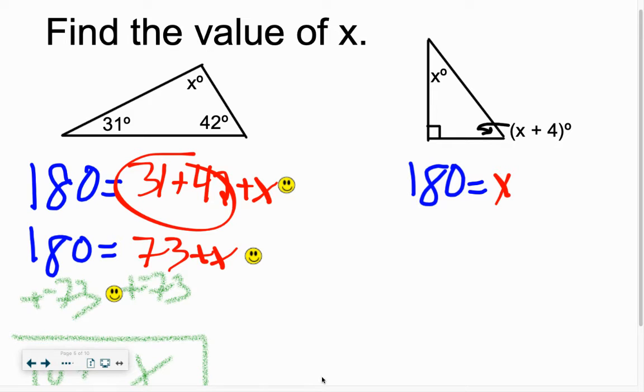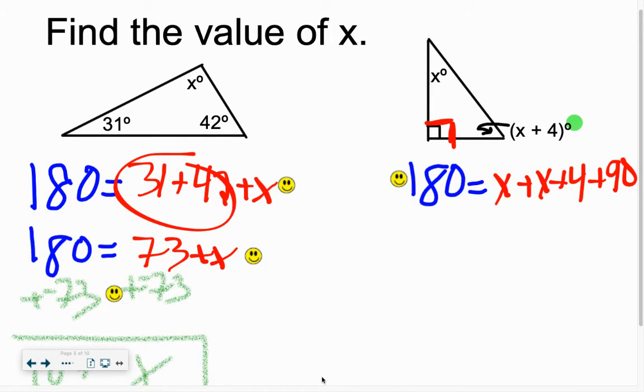Notice we've got an x plus 4, which has parentheses, but the only reason it has parentheses is so that we know it gets the label degrees. And now that is only two angles. Don't forget about this one, often a red box, which means it's a right angle or 90 degrees. Again, this is why I always start with 180.